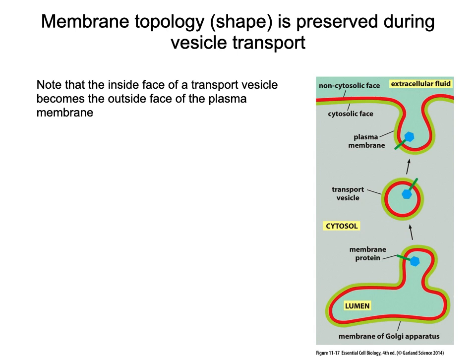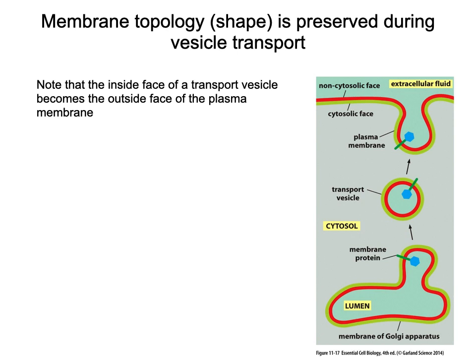And that ends up becoming the non-cytosolic face or the extracellular face of the cell membrane, or the plasma membrane, where the cytosolic face is going to be the green layer, right? So for the lumen, for our transport vesicle, and then also for our plasma membrane.